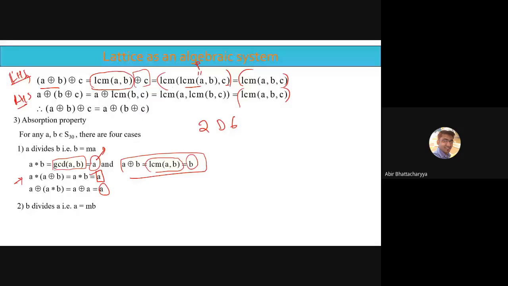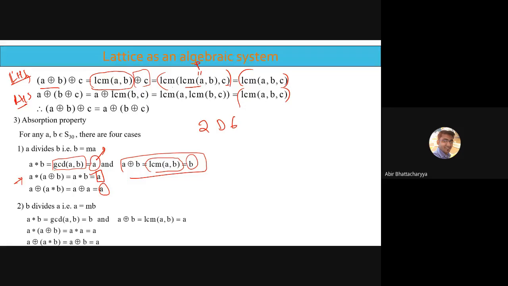Similarly, go for the second case, B divides A. Whenever B divides A, we can write A equals MB, where M is any positive integer. Like the last one, A star B equals GCD of A, B, and GCD of A, B equals B here, because B is the smallest.